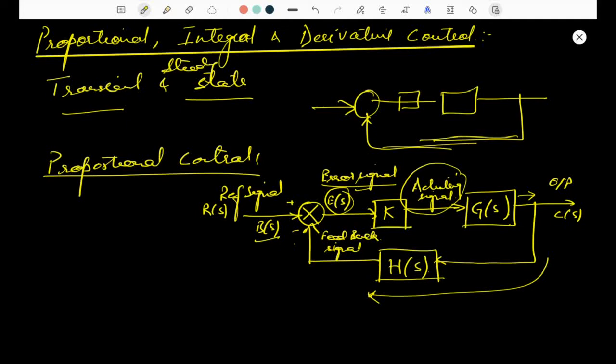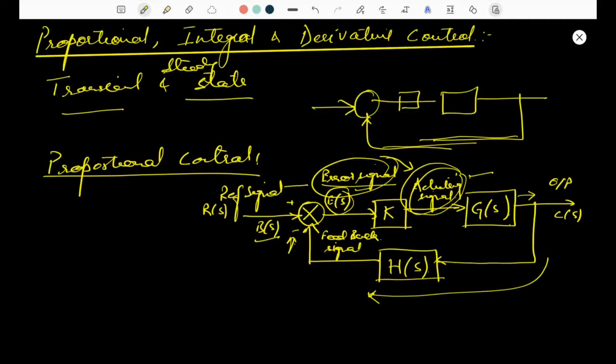In proportional control, the actuating signal for the control action in a control system is proportional to the error signal. The error signal is just the difference between the reference signal and the feedback signal, which is obtained from the output.